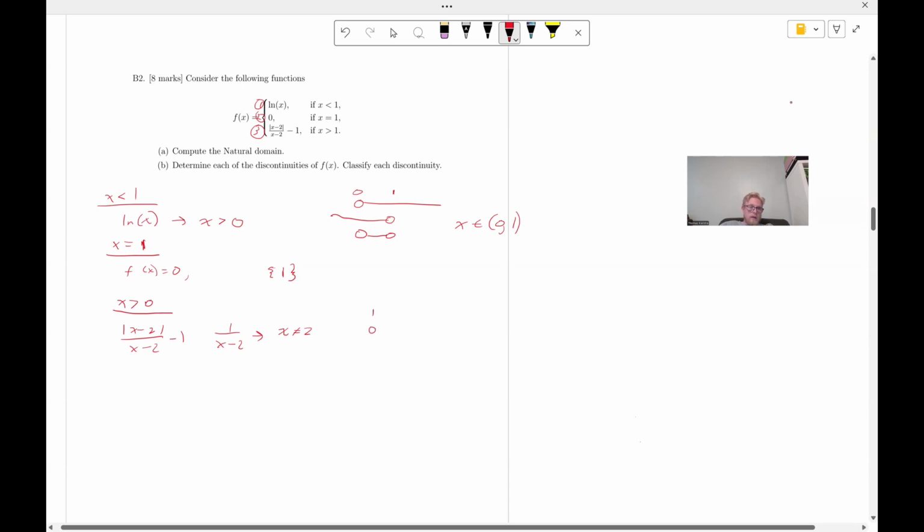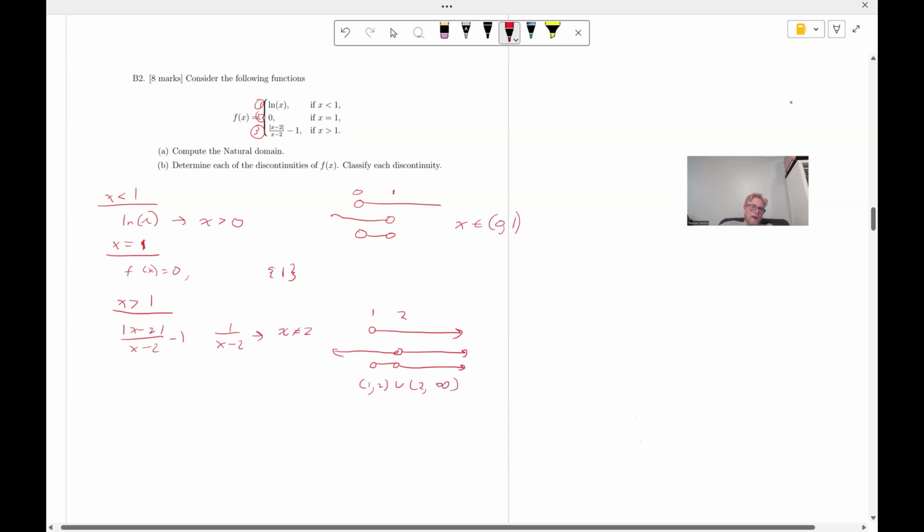Again, this should be a 1 here, x greater than 1. Combined with the interval everywhere except 2, this gives me the interval 1 to 2, not including 2, union with 2 to infinity.